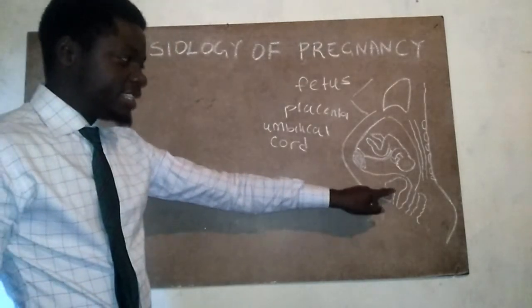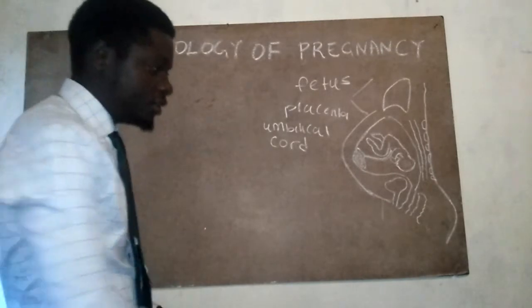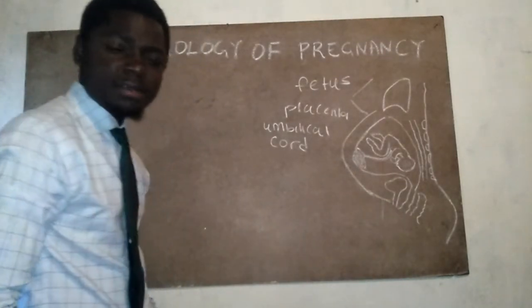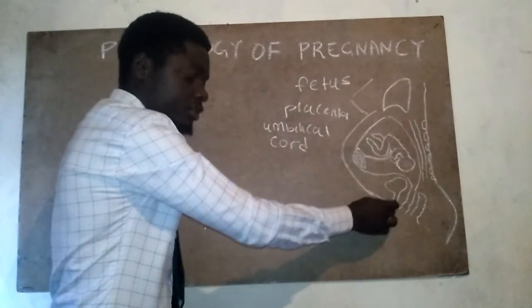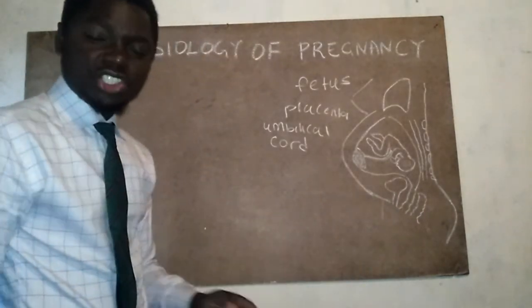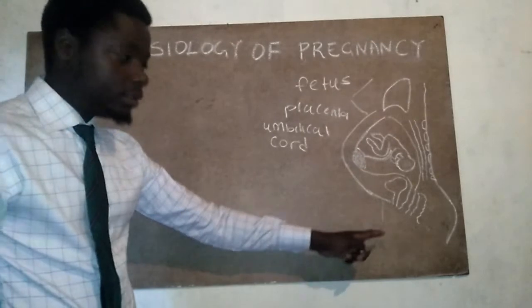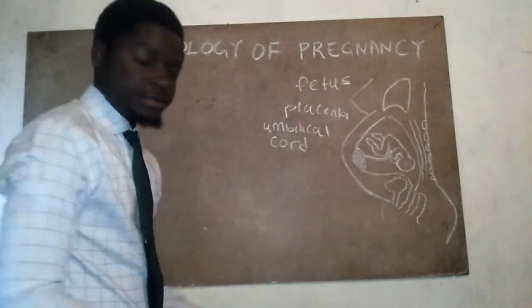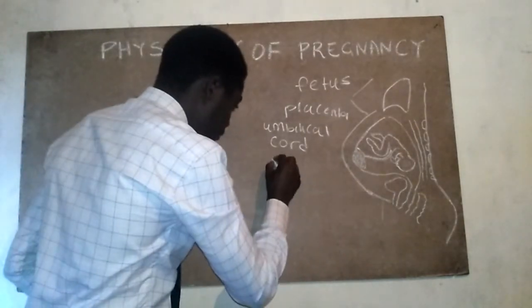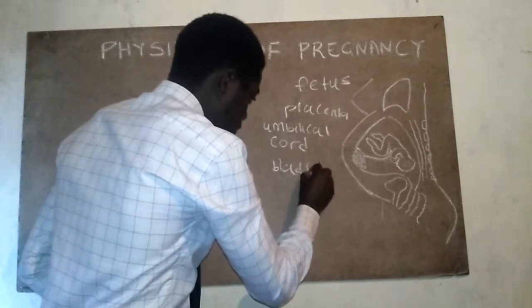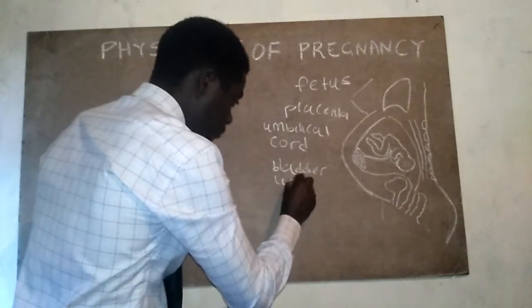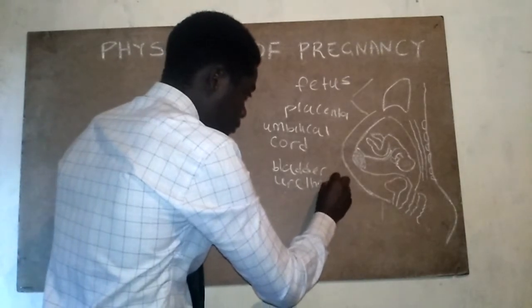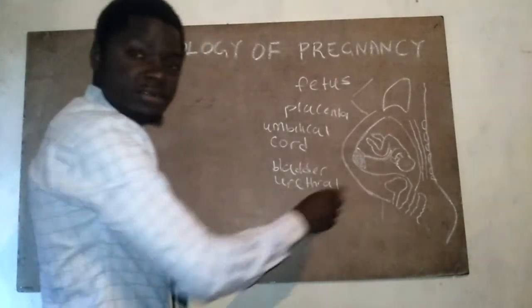And as you can see, these are the female genitalia. This part is the vulva. So we have the urethra, which in women is short, as you can see, and we have the bladder, the urinary bladder. That's the urethral opening.